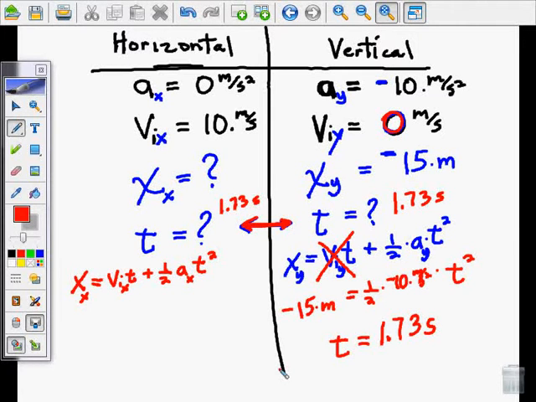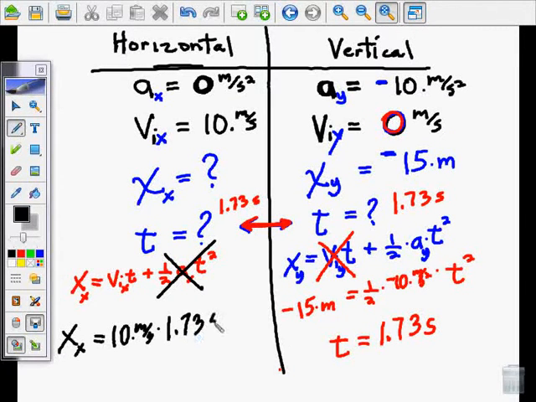But this time, what are we going to cross out? The acceleration term. This time here, since the acceleration is 0, this whole term here, hasta la vista, so basically you're left with x in the x direction equals VIX, 10 meters per second, times 1.73 seconds.